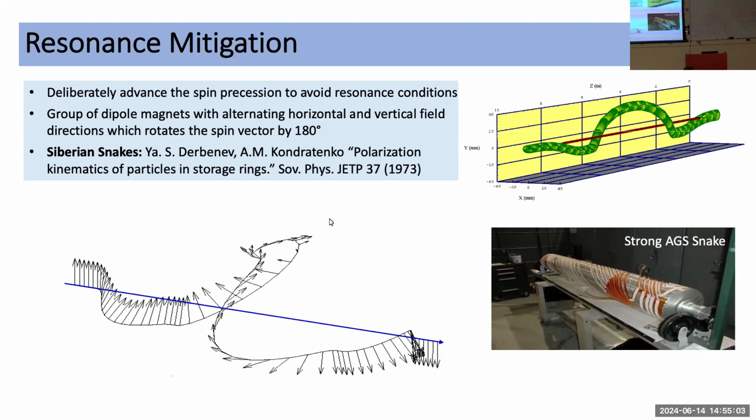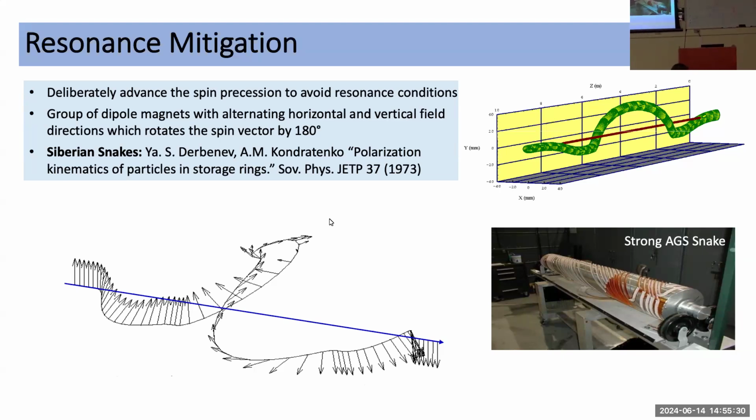So if you do this properly, you can arrange in the machine to have a half-integer spin tune, which means all these depolarizing resonances, which usually come at an integer, are avoided if you run this properly. And this is what makes RHIC unique on a worldwide scale.